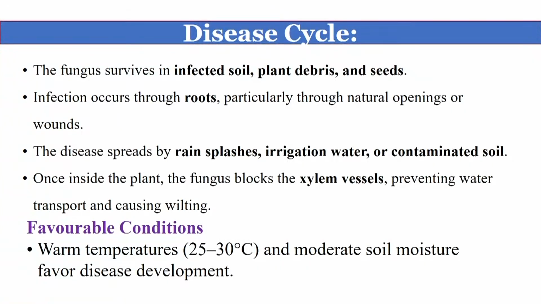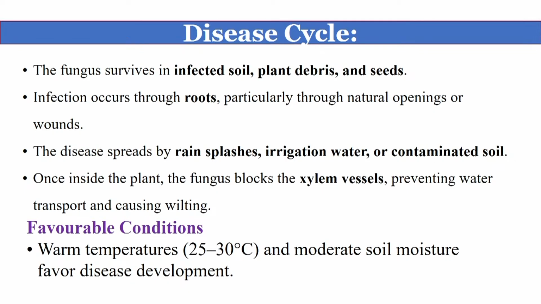The pathogen is Fusarium udum, and basically this pathogen enters the roots of the pigeon pea plants and damages the whole crop. The fungus survives in infected soil, plant debris, as well as through the seed. The infection occurs through the roots, particularly through natural openings and wounds. This disease is spread by rain splashes, irrigation water, or contaminated soil.